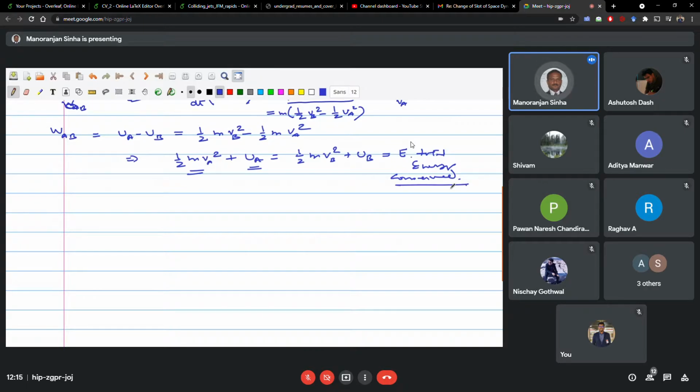The energy of the system is conserved. So irrespective of whether the field is attractive or repulsive, this is going to hold. We have not assumed whether this is attractive or repulsive. Similarly, the first property also holds without any consideration of whether it's attractive central force motion or repulsive central force motion.